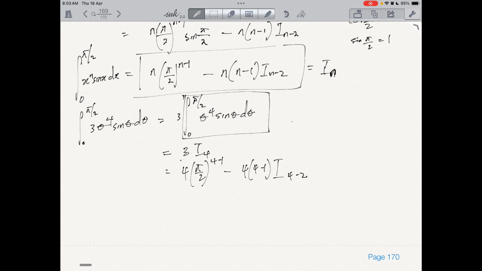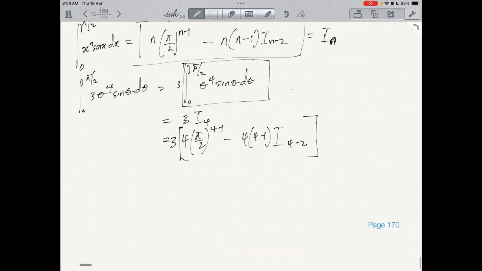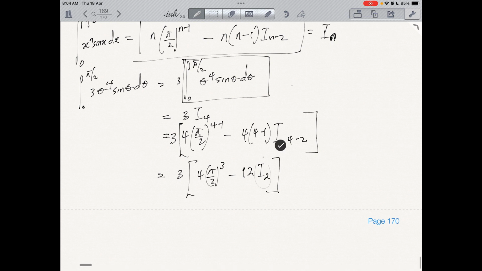This is just I4 and it will multiply 3. So simplifying this, we have 3 into 4 pi over 2 raised to the power 3 minus 4 into 3, that is 12 I subscript 2. So we now have to find an expression for I2.